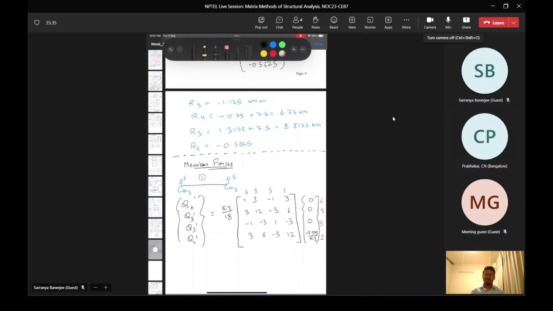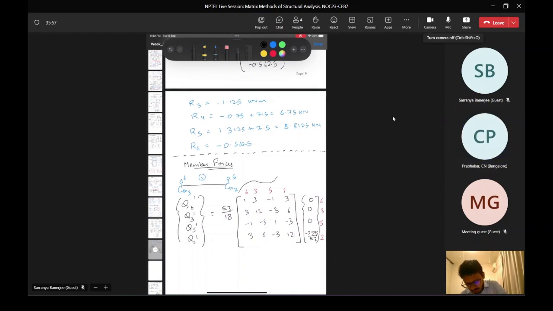But if there is, say, a load also on the beam, then we also have those fixed end moments, so we have to incorporate those things.